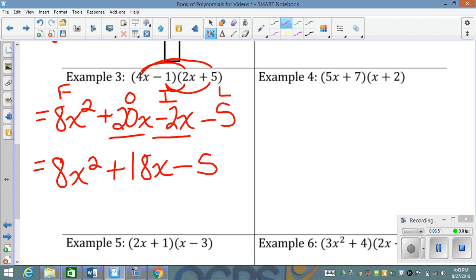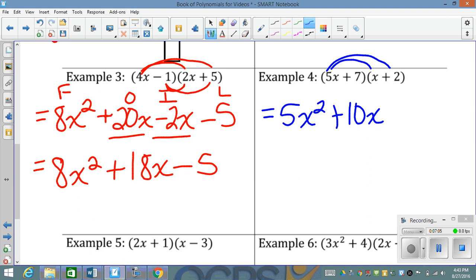Okay, let's do one more. So here we go. We have first, 5x times x is 5x squared. Outer, 5x times 2 is 10x. Inner, 7 times x is 7x. And last, 7 times 2 is 14.